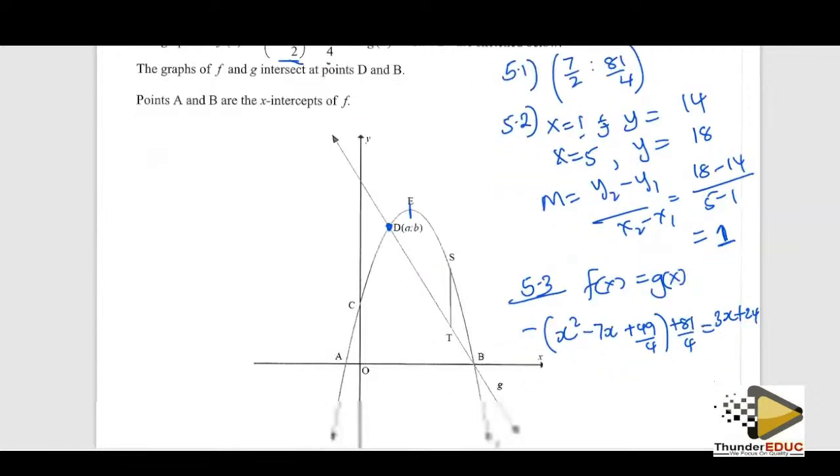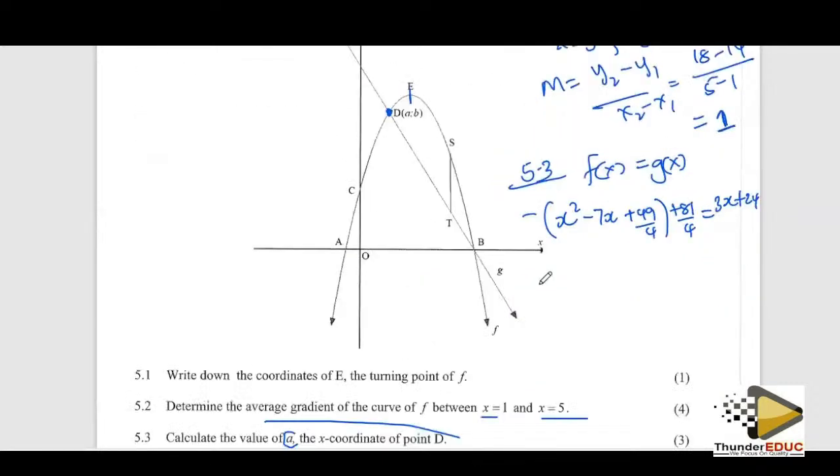So I'm going to just regroup or simplify further. When I open this, I'll have a positive x squared plus 7x. That's a negative 49 over 4 minus 3x minus a 24 is equal to 0. Okay. So that is x squared, this and that is giving me a plus 4x.